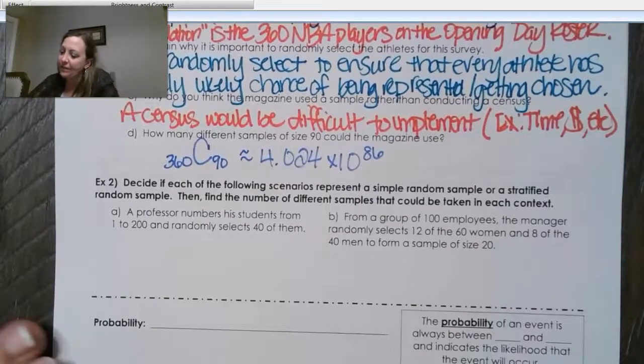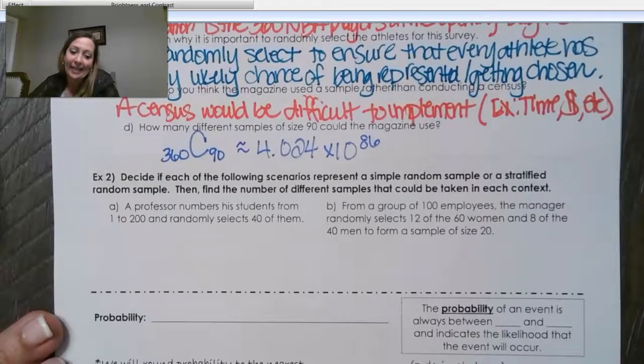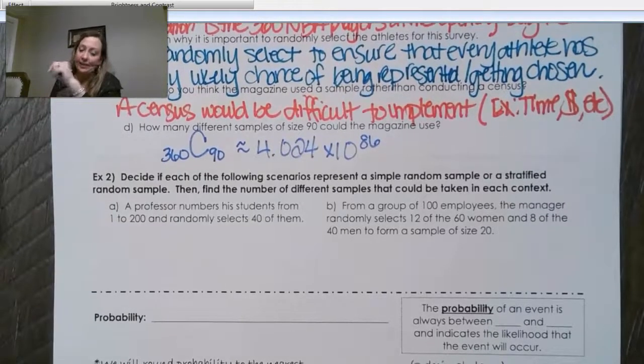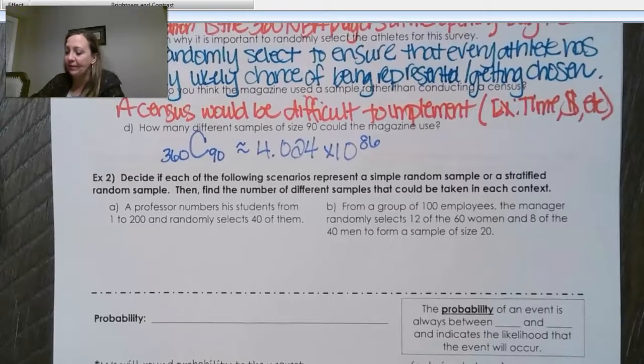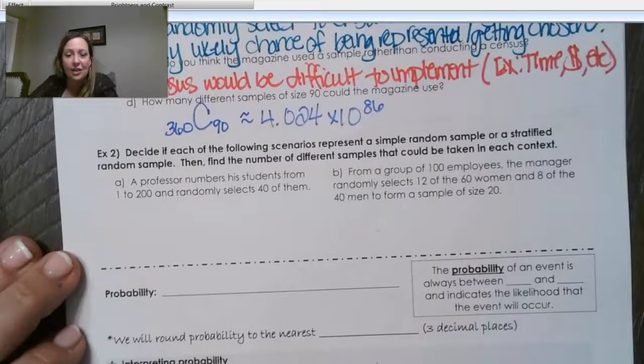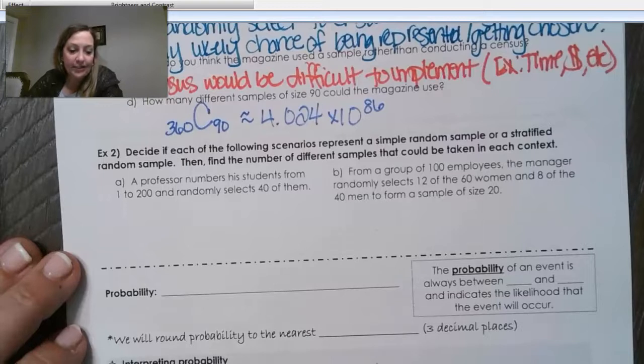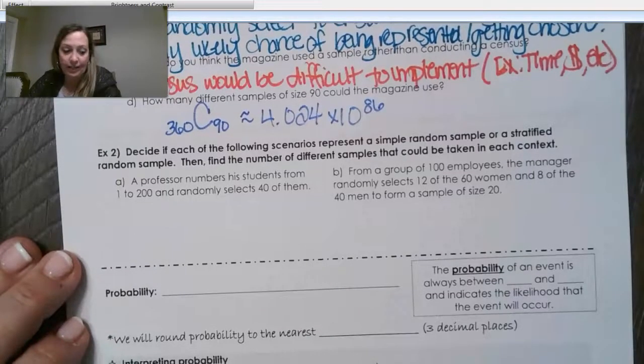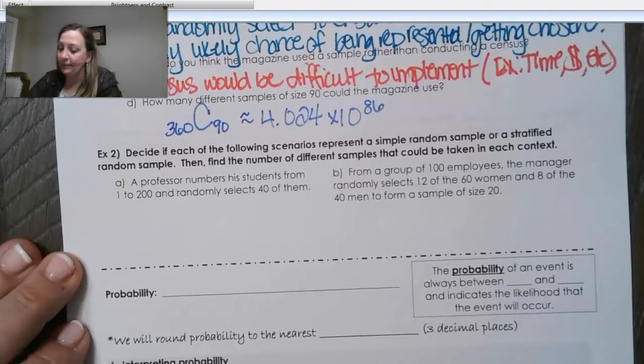Let's decide if each of the following scenarios represents a simple random sample or a stratified random sample. And then we'll find the number of different samples that could be taken in each context. So this says a professor numbers his students from 1 to 200 and randomly selects 40 of them.